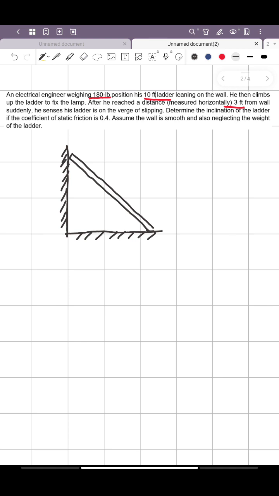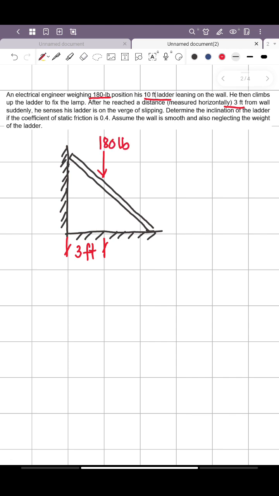So, yung engineer daw, naka-reach daw siya ng distance which is measured horizontally from the wall, 3 feet daw. So, that is 3 feet from the wall. Dyan yung weight niya, which is 180 pounds.